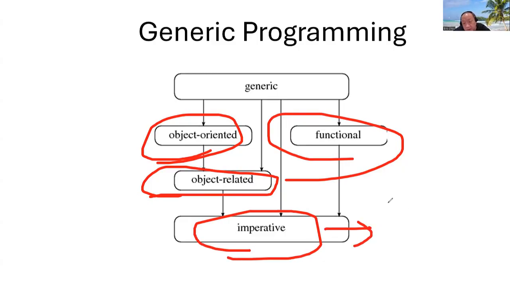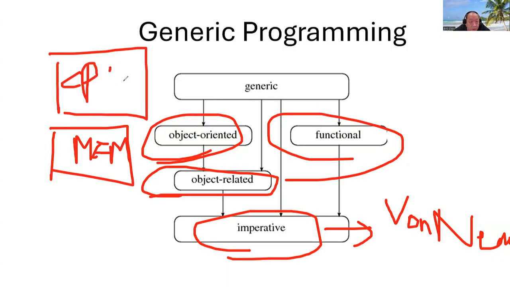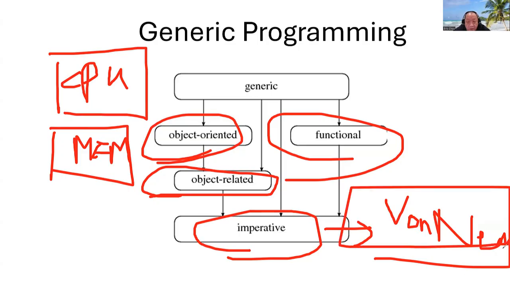Imperative programming means you are using a Von Neumann machine, a machine using memory and a CPU. Most of the programs you have seen so far are imperative programming, because you use a CPU and memory.